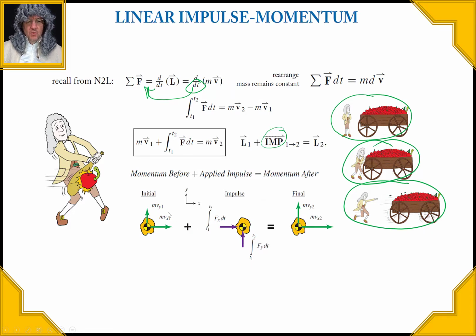And what we're doing here is labeling, and once again, we want to remember that these are vectors, right? There's a vector aspect to these. So we're defining a coordinate system, and we're making a graphical depiction of this equation with our picture here. And we have the impulses that are happening onto the thing, and then we have the final momentum, right?